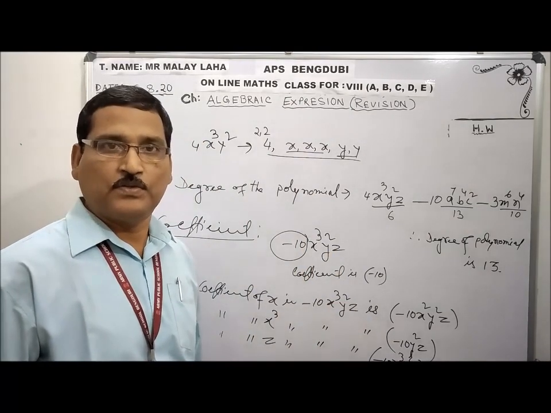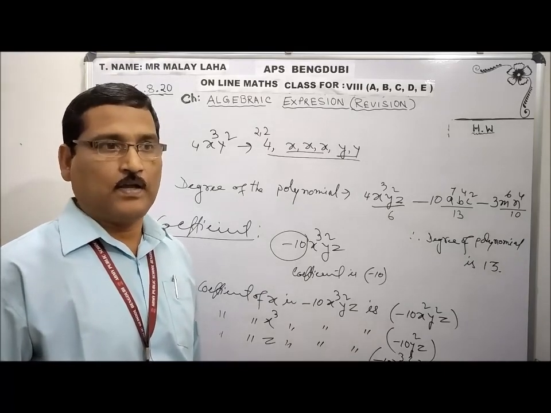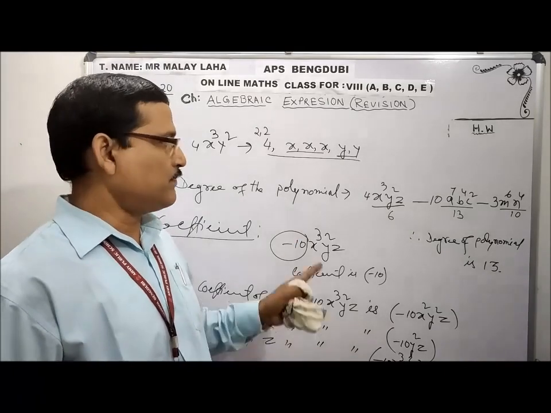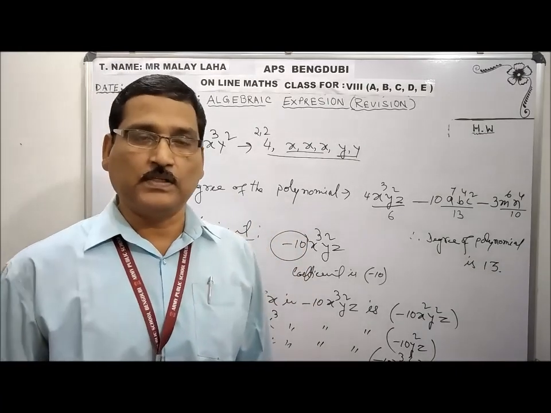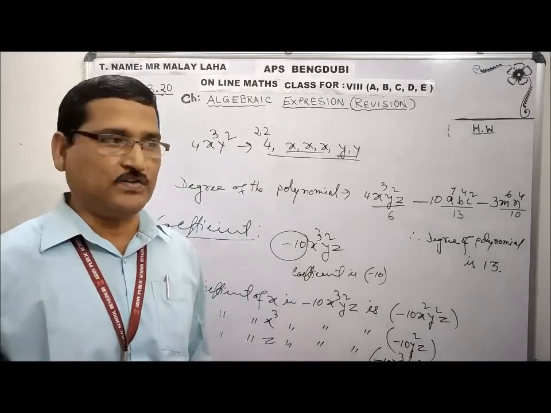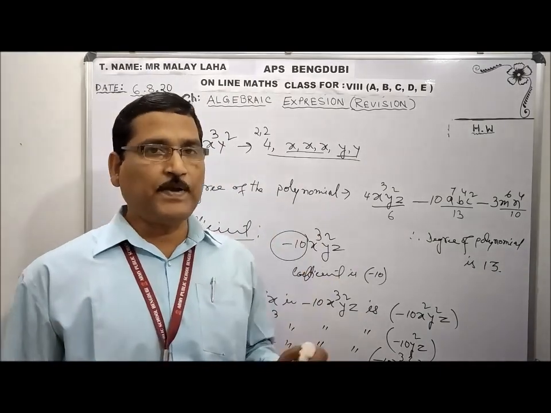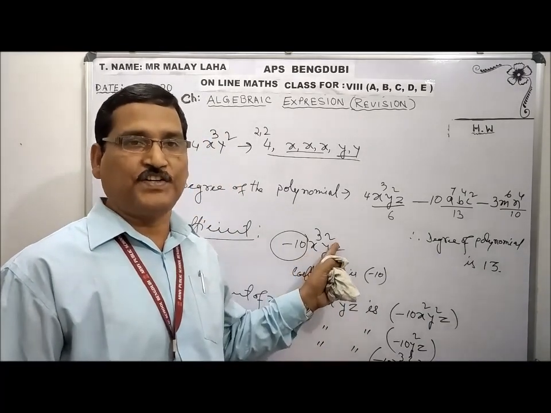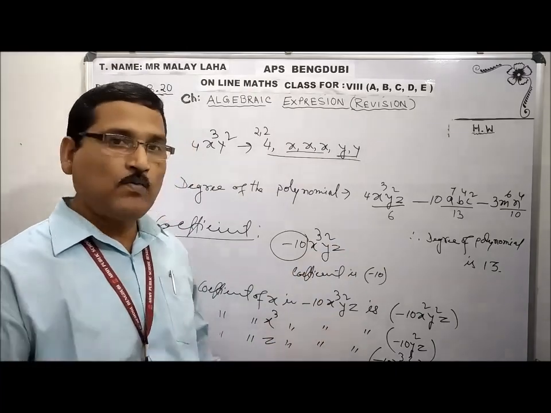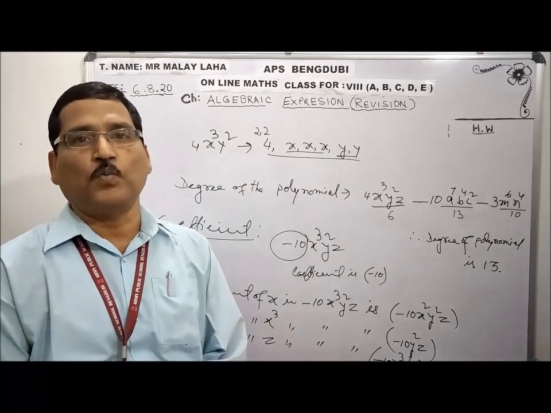Have you understood? This is very important, coefficient of terms. Again I am repeating, coefficient of term means numerical coefficient. Coefficient of the term, this is the minus 10. But especially if I say what is the coefficient of x or y or z, so what to do? Leaving one factor from this term, the remaining factor will be the coefficient.